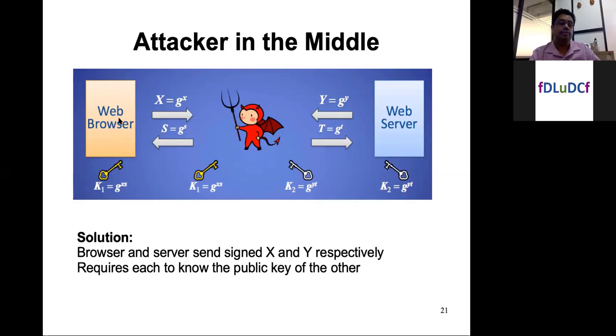So either the web browser doesn't know it is talking to the bad guy, or the web server doesn't know it is talking to the bad guy. That is the man-in-the-middle attack. The Diffie-Hellman key exchange protocol is vulnerable to such an attack.